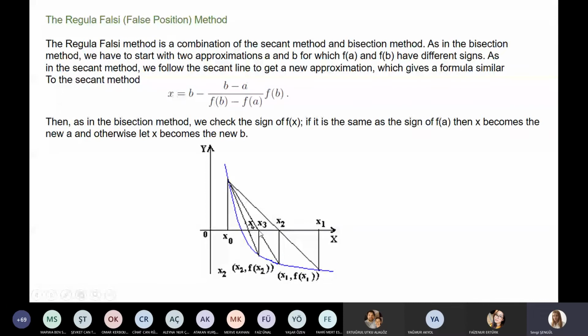And again, it's checking the sign. x3 is negative, but x2 is also negative, that's why it is still using x0. Now with x3 and x0, it is using the secant line. Check the intersection point, still negative. So it will continue to use x0. This is the difference between regula falsi and the secant method: you need to check the sign of f in each iteration.